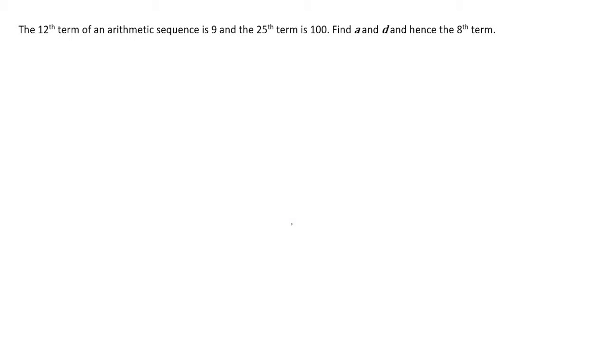In this situation, we've been told that the 12th term of an arithmetic sequence is 9 and the 25th term is 100, and we need to find a and d and then find what the 8th term is.